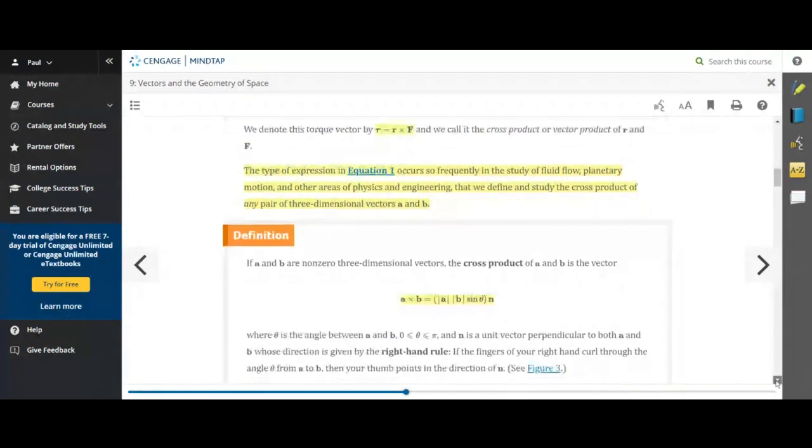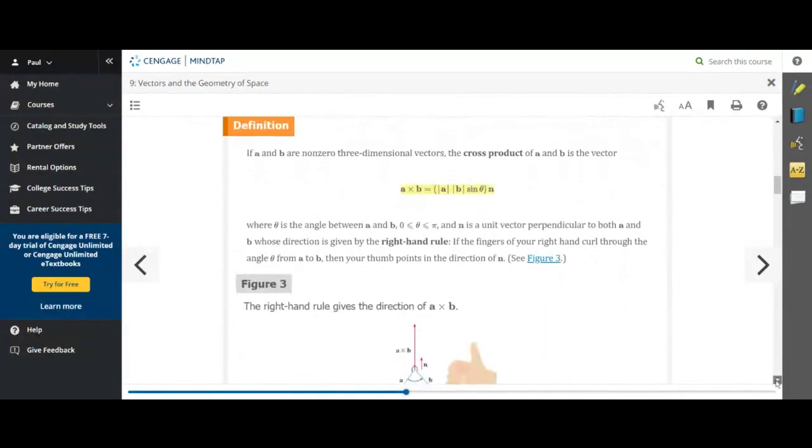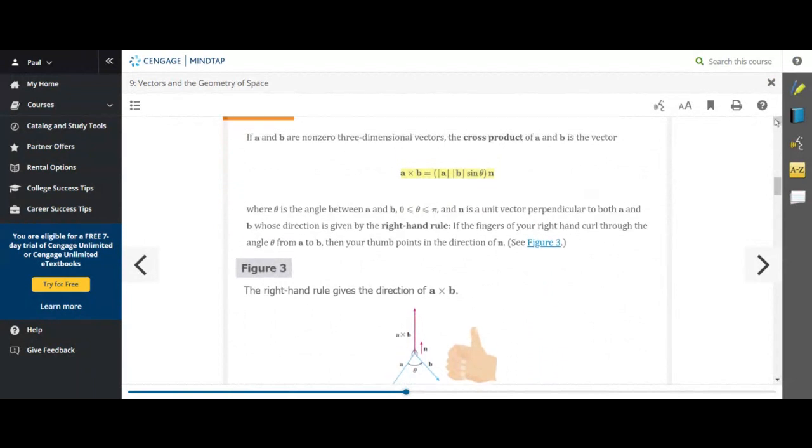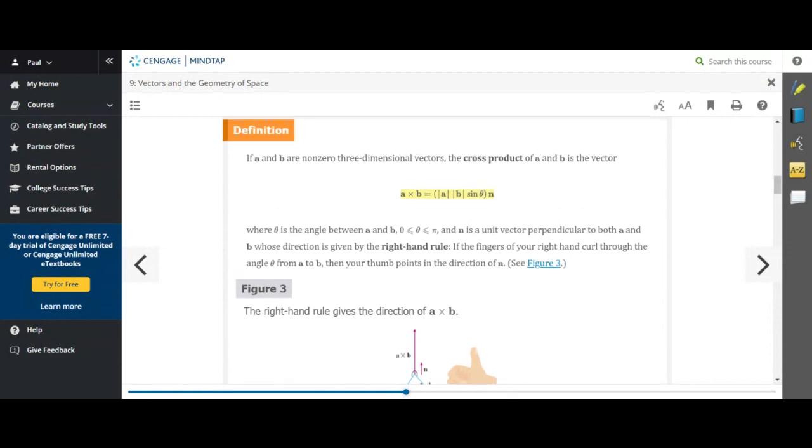So the definition here is that if A and B are non-zero three-dimensional vectors, the cross product of A and B is given by this vector that you see here.